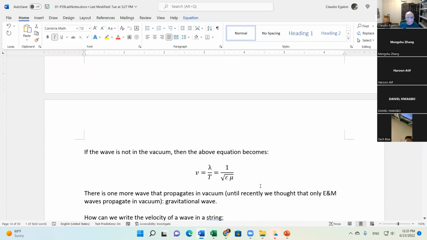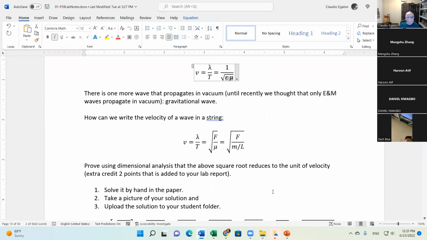If the wave is not in a vacuum, you write that in terms of epsilon and mu. But we are concerned about a wave in a string. The velocity for a wave in a string is the square root of the tension divided by the linear mass density.